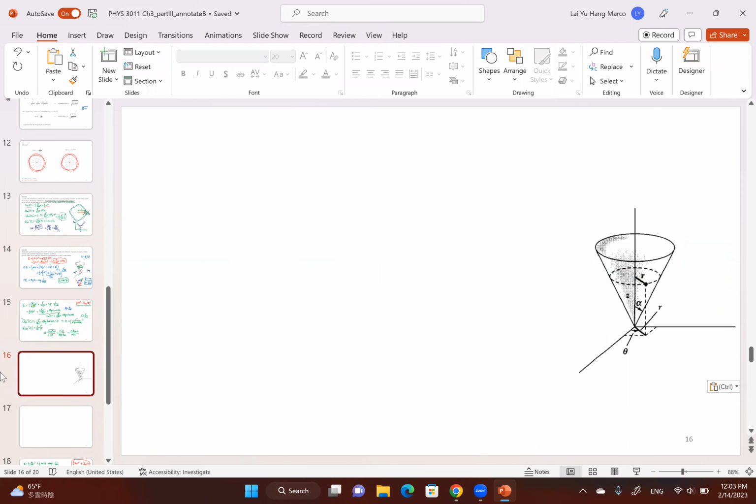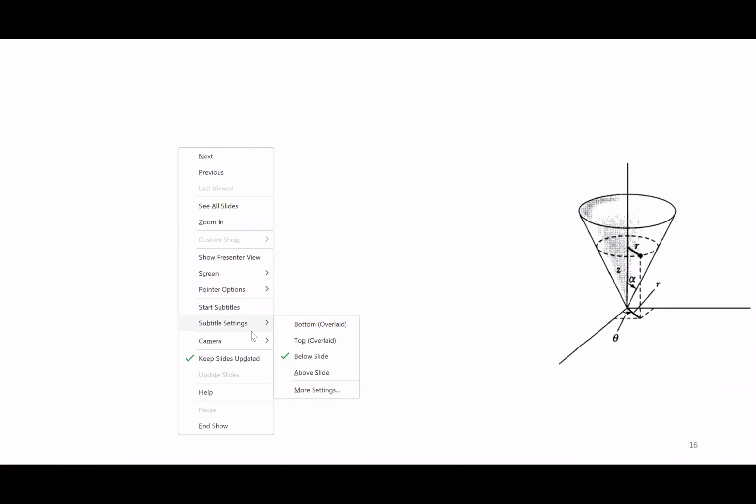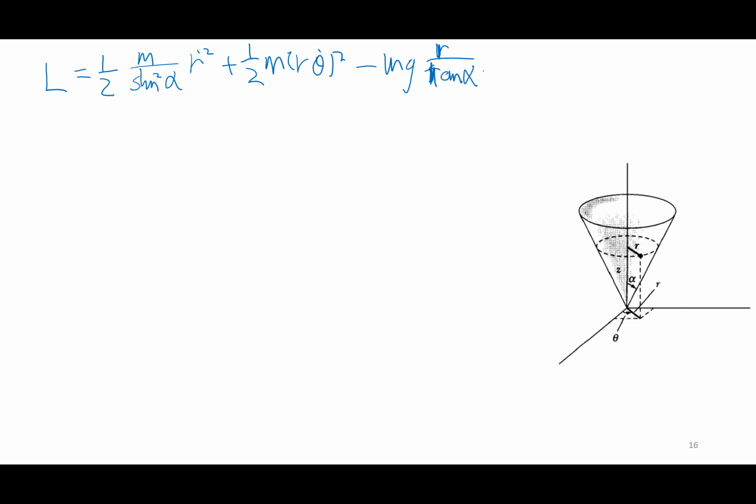So the Lagrangian I have is the following. So this is the Lagrangian.